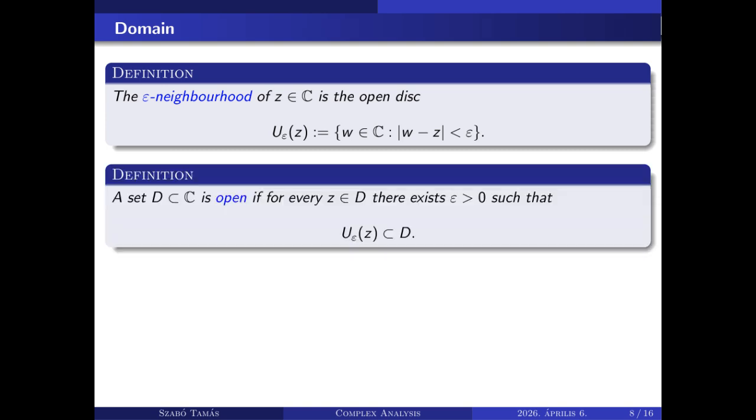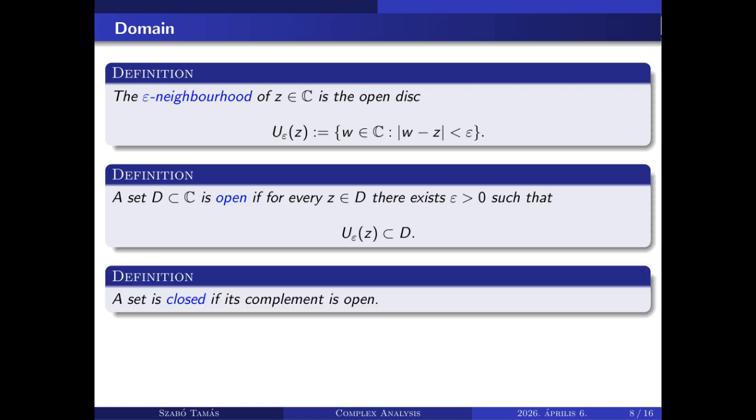A set D in the complex plane is called open if for every point z in D there exists epsilon greater than 0 such that u sub epsilon of z is contained in D. A set is called closed if its complement is open.